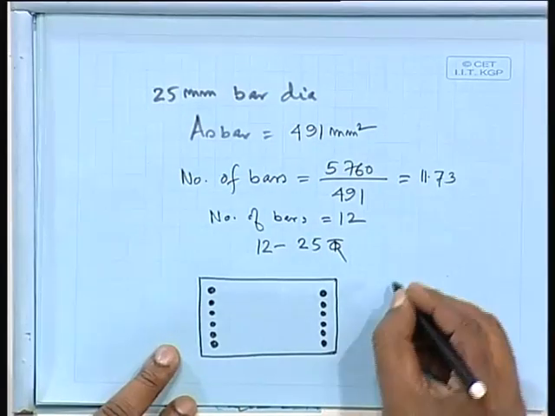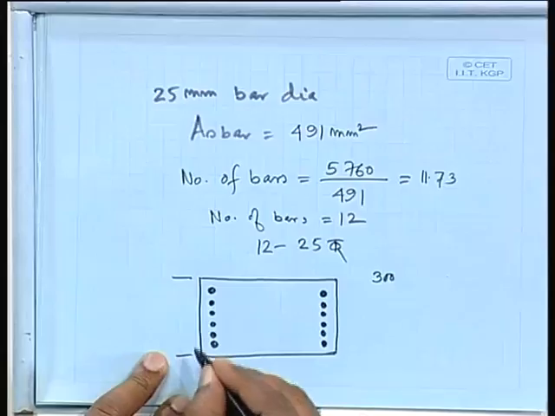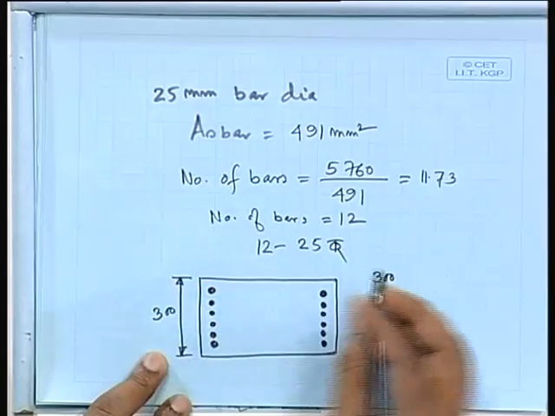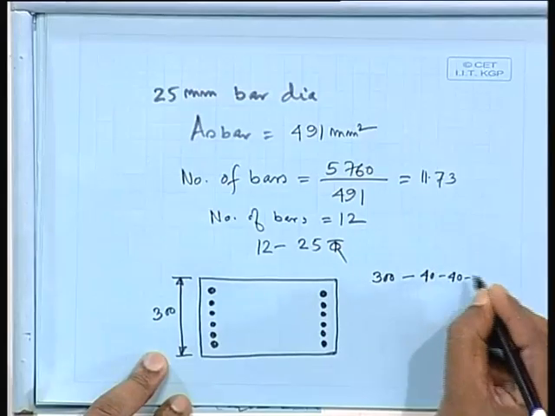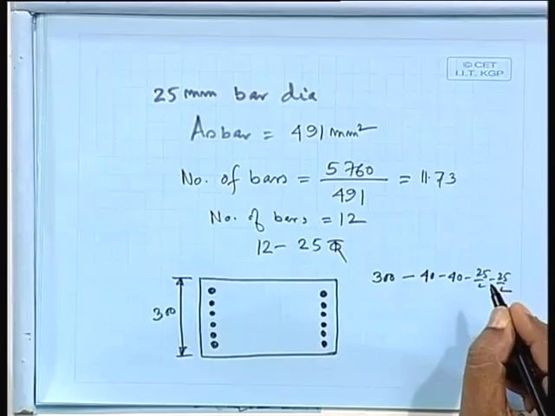Now we have 300 minus 40 minus 40 minus 25 by 2 minus 25 by 2.